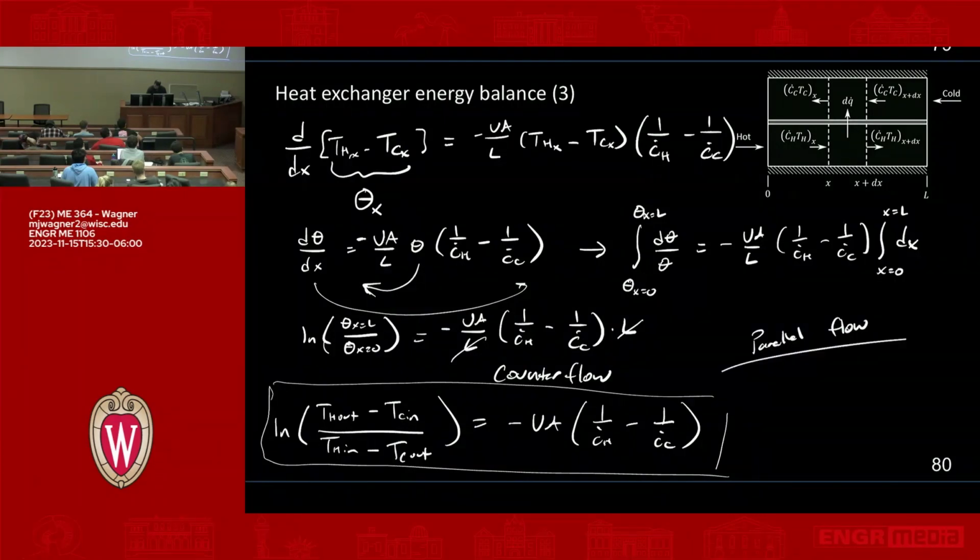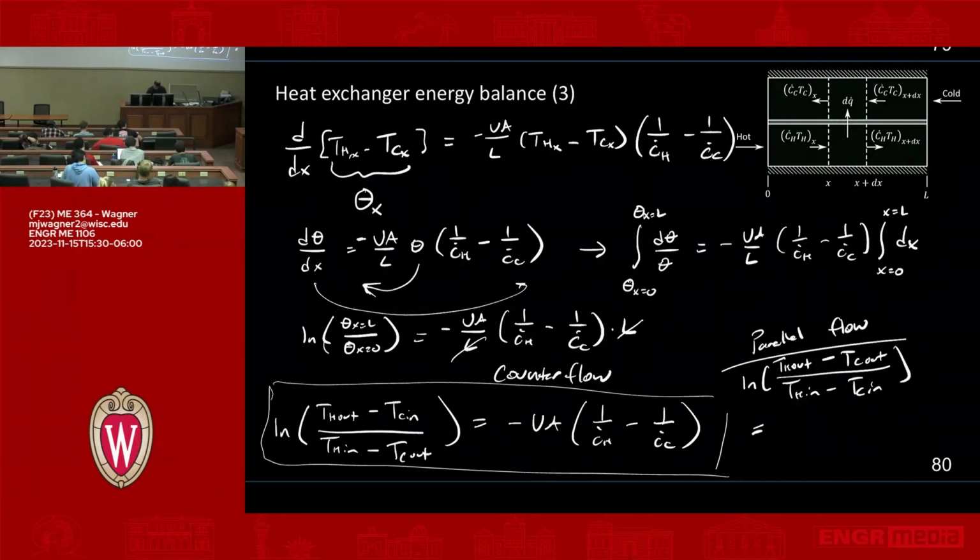It's going to be kind of scrunched in the corner here. So it's ln of Th out minus Tc out over Th in minus Tc in.